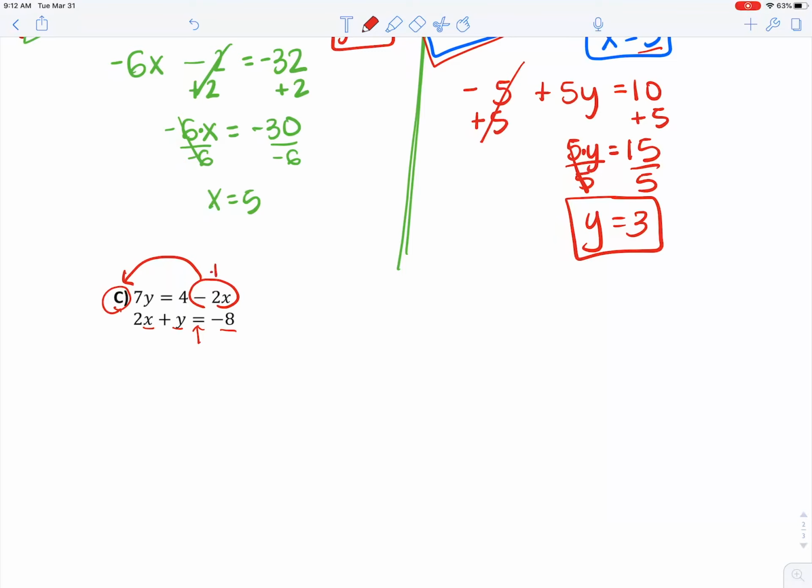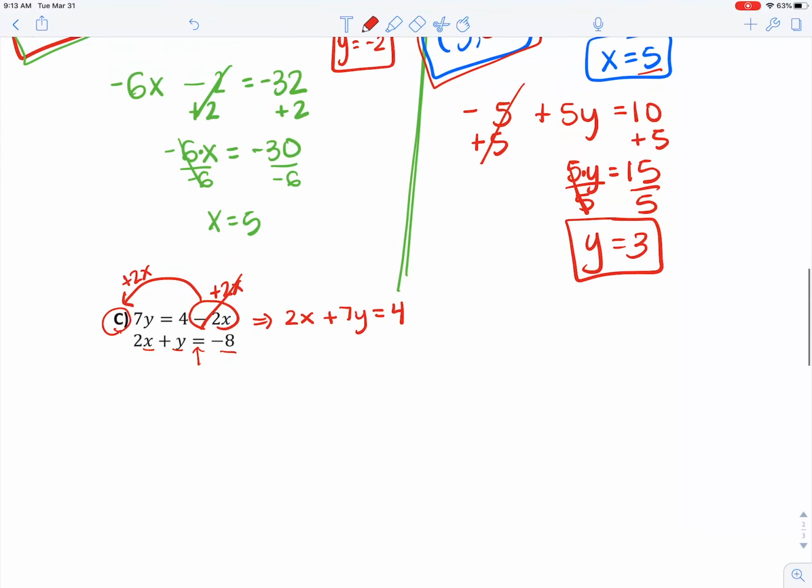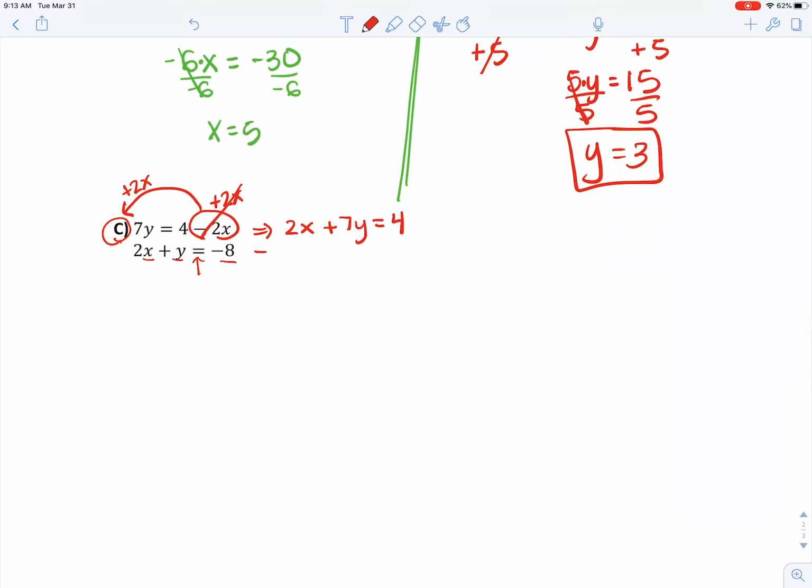How do you undo minus 2x? You plus 2x to both sides. So we are going to get 2x plus 7y equals 4, because those cancel. And the bottom equation, you don't have to do anything to it. It's just 2x plus y equals negative 8.